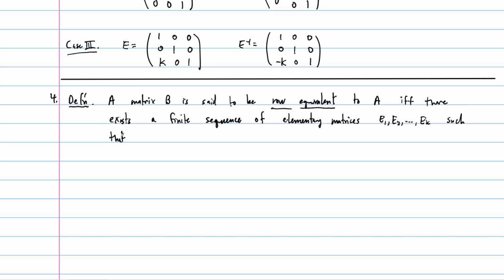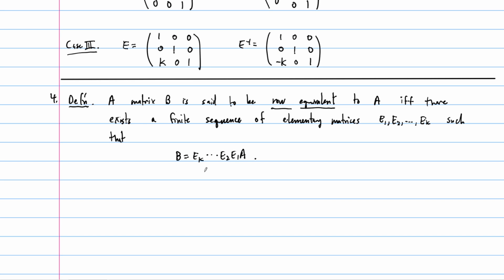B is row equivalent to A if these matrices work together to make the following true: B is equal to, and the way this works is multiplication on the left, Ek through E2 times E1 times A, left multiplication, so the order is going to matter to some extent. This is the definition. They're row equivalent if you can convert A into B by multiplying by a sequence of elementary matrices. All right? So that's our definition.